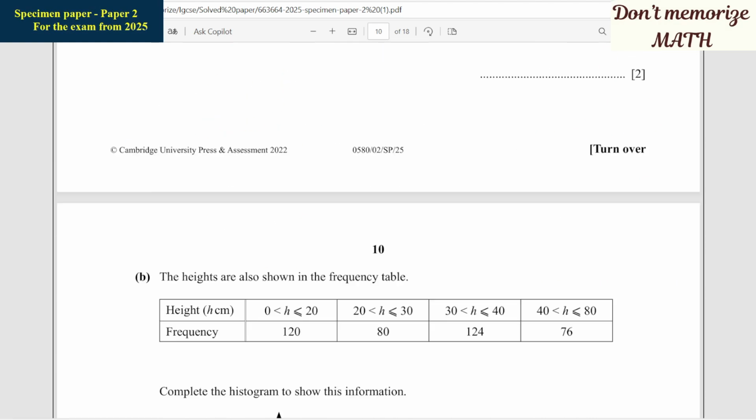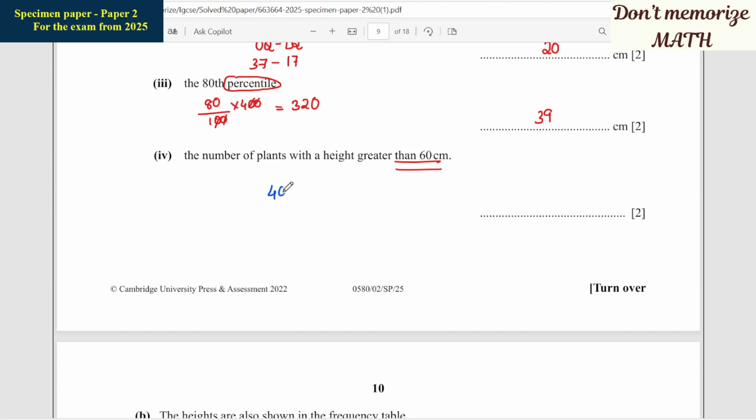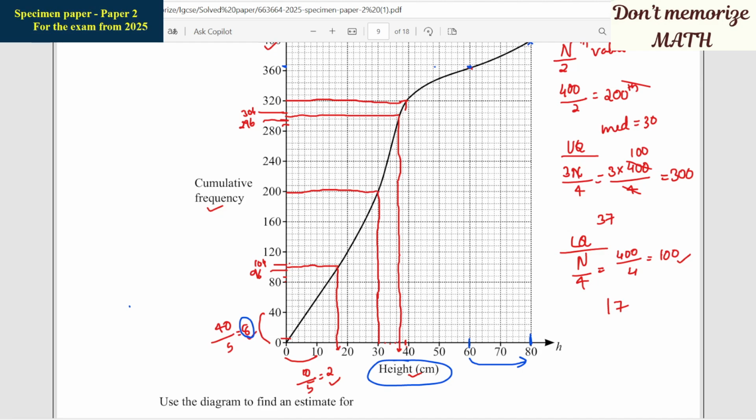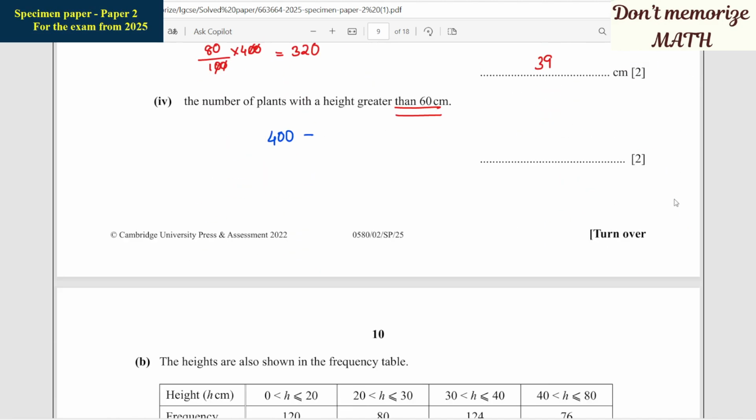So 400 minus, what is the value for 60? We got 364. So 400 minus 364 is 36. So we get 36.